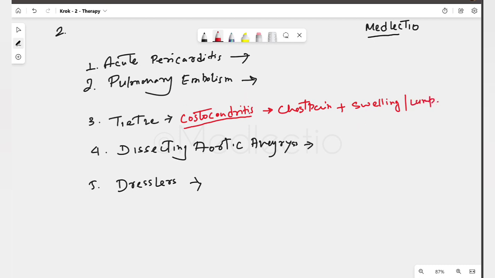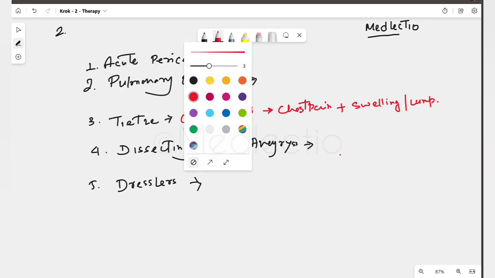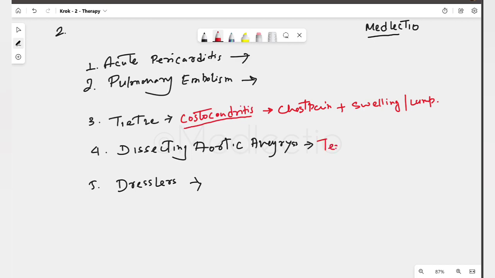Then there is dissecting aortic aneurysm. If an aneurysm dissects, it will give us a classical tearing pain. Then we have Dressler's.